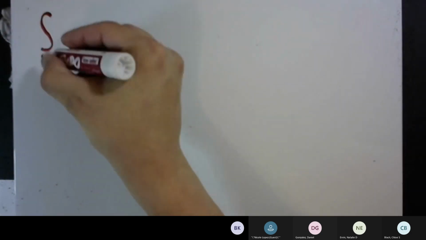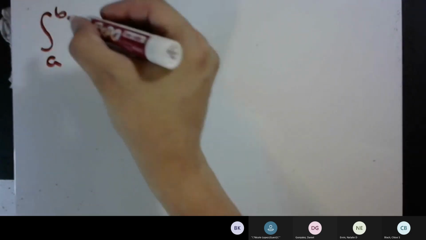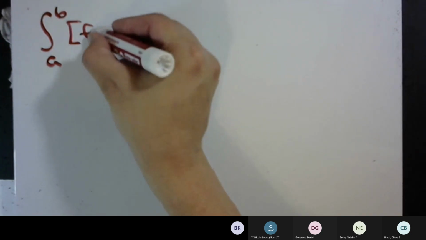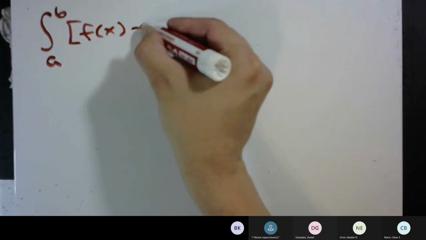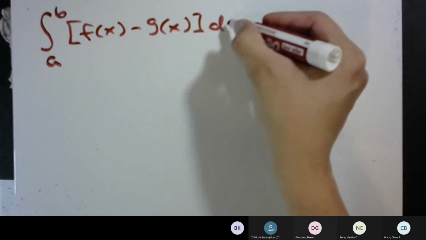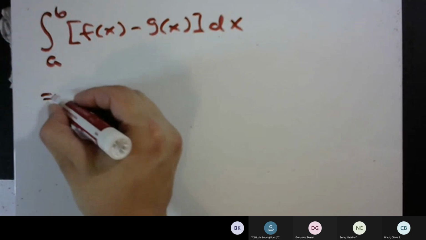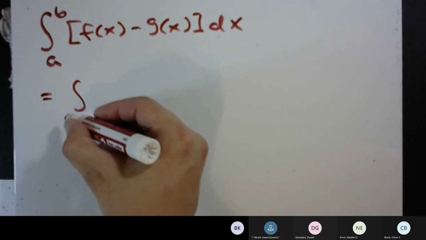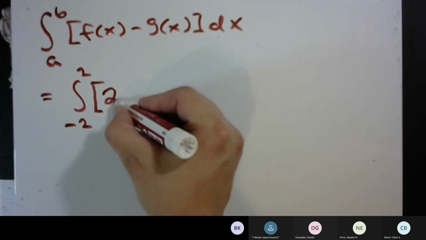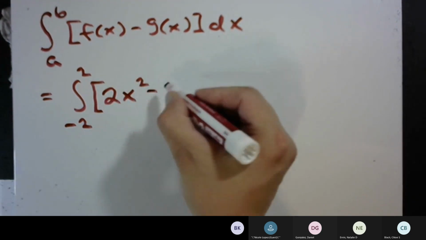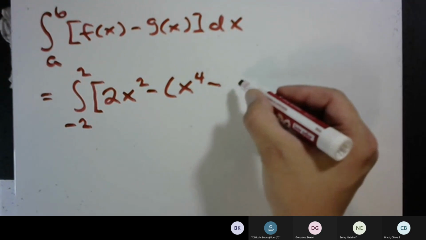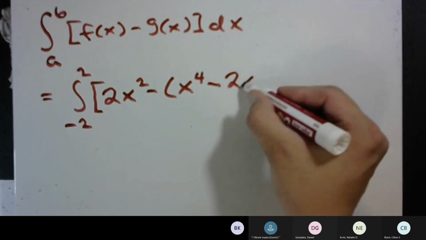So we're going to integrate from a to b, f of x minus g of x dx, or the integral from -2 to 2 of 2x squared minus x to the 4th minus 2x squared.